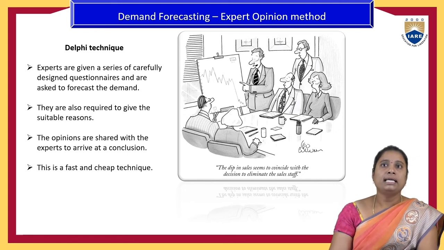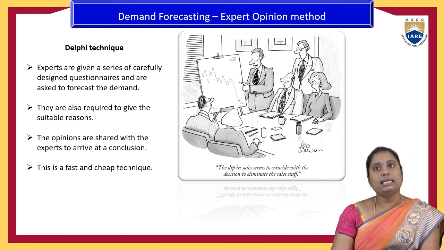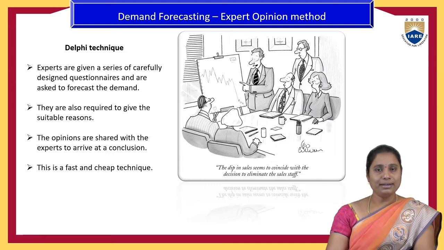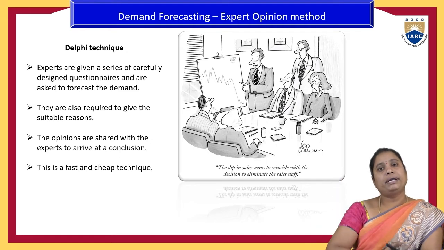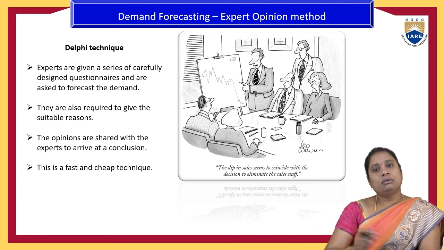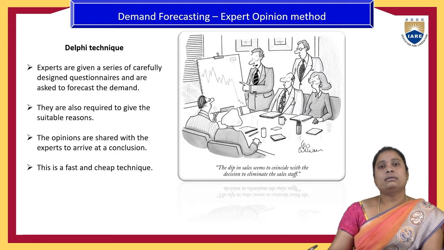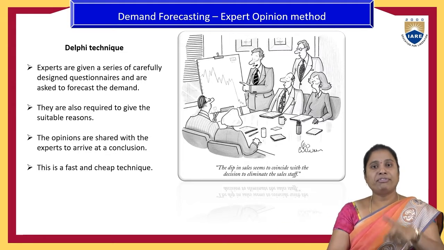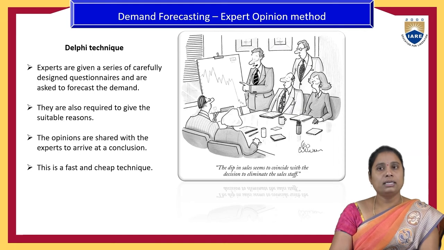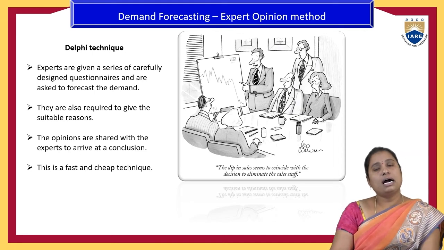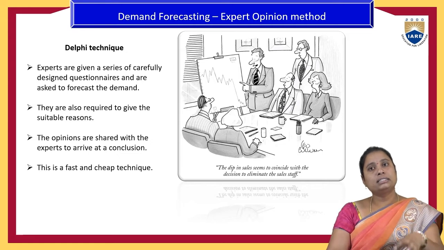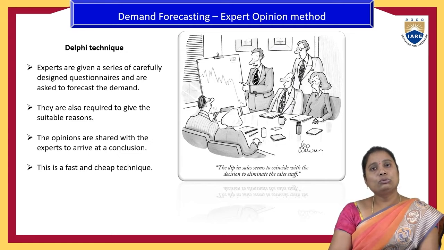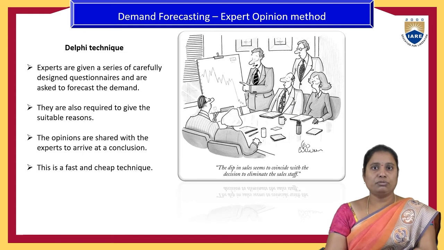Instead of that, if a market expert's opinion is collected to estimate the future demand of a product, then that method is called the expert opinion method, which is also called the Delphi technique. Here, a questionnaire, a series of questions, both open-ended and close-ended, will be framed regarding a particular product, and the expert will be asked this series of questions and has to give his opinions along with suitable reasons.